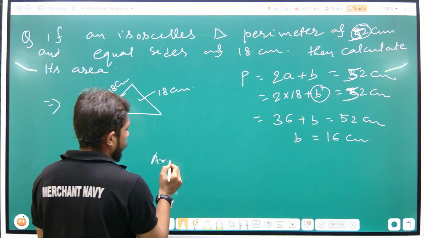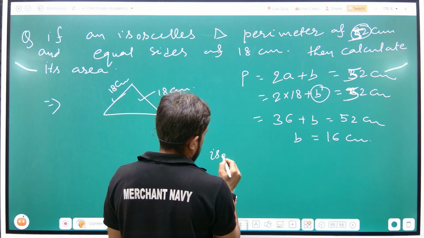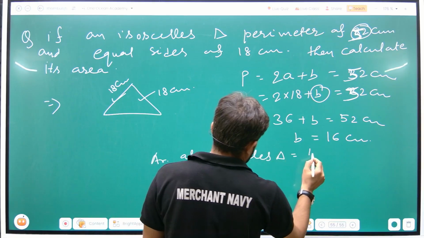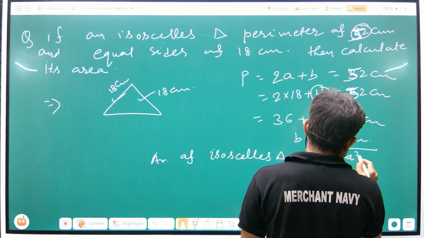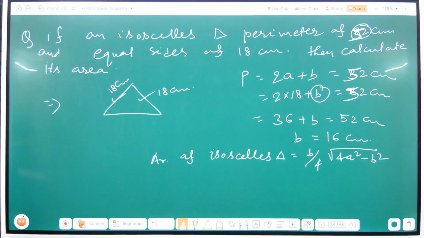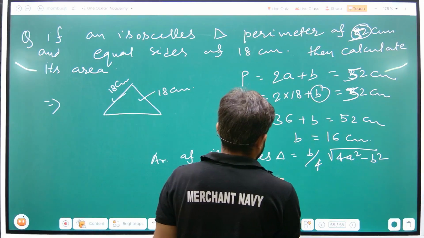So area of an isosceles triangle is equal to b by 4 root under 4a square minus b square. Now what is the value of b? That is 16.